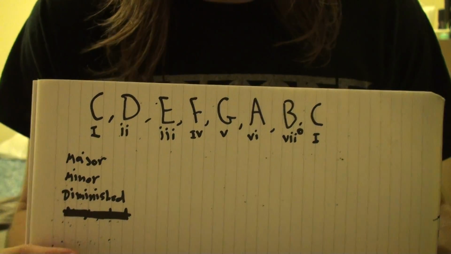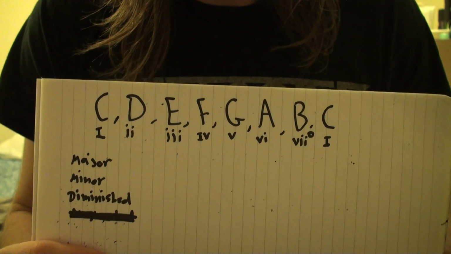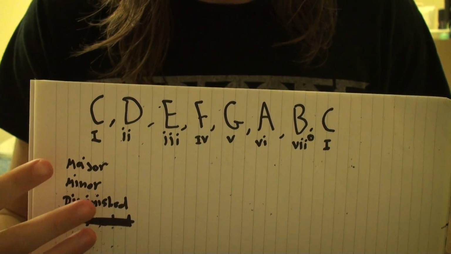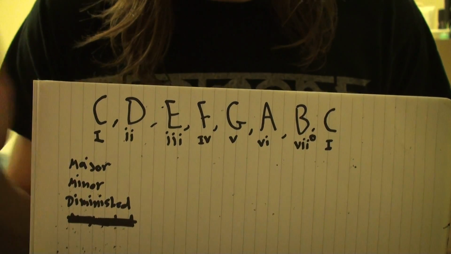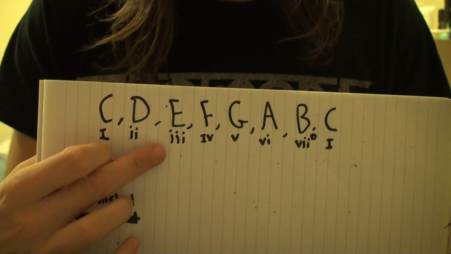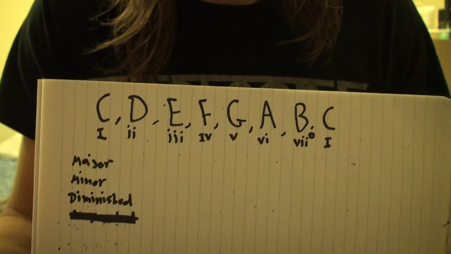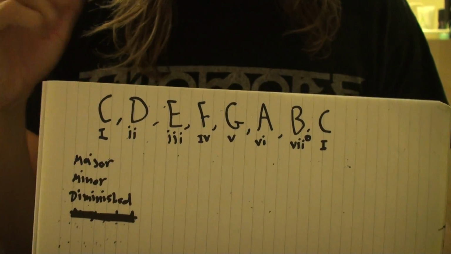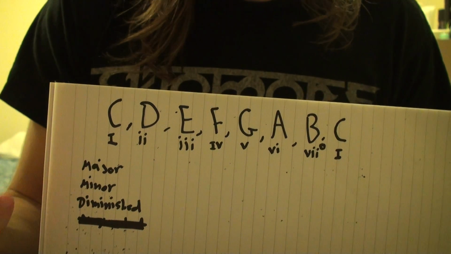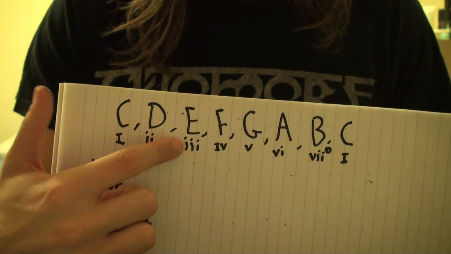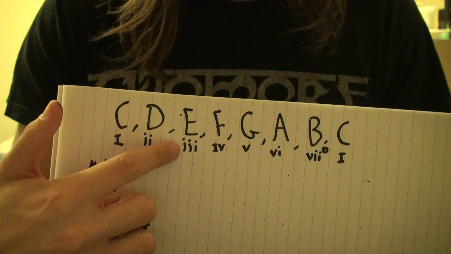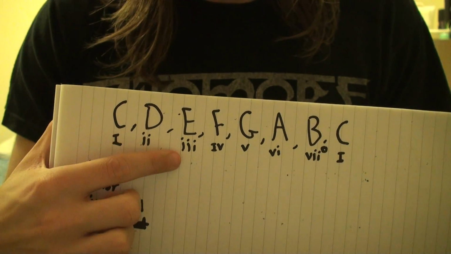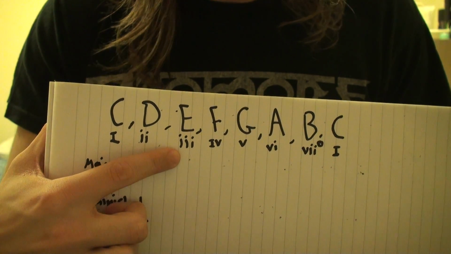All those numbers do is just tell you what scale degree these notes are. And all that means is, here, this E note for example, is the third note in the key. So that means that is the third scale degree, right? So I would have had a number 3 under that to show it's the third scale degree. And here in Roman numerals it says number 3.